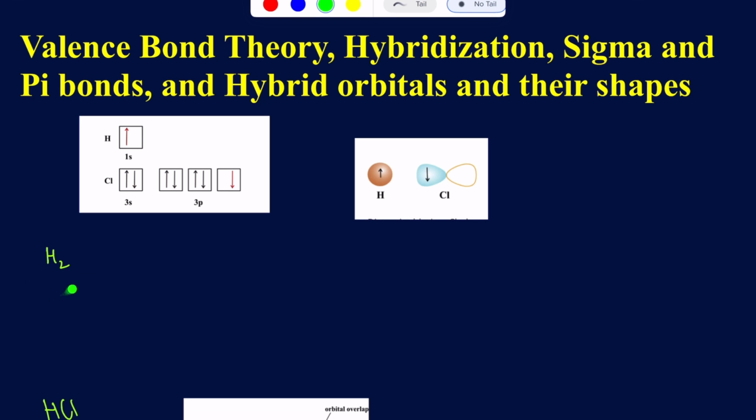Now, when making the bond, valence bond theory talks about the overlapping of orbitals that are half-filled, not fully filled, but rather the half-filled atomic orbitals.